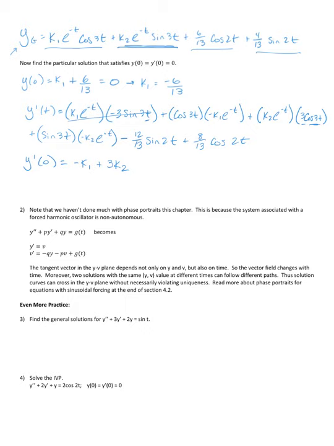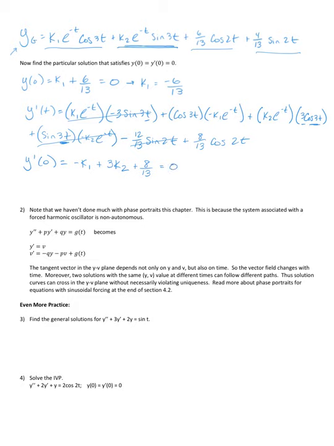And then my next term, I'm going to make that t a 0. I'm going to get the sine of 0, which is 0, so that whole term goes away. This whole term goes away because the sine of 0 is 0. And then I get plus 8/13. And that all is supposed to equal 0.